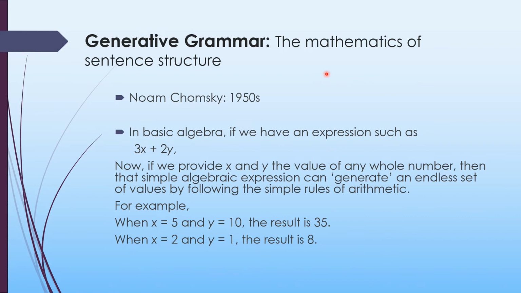And that's why mathematics has come. It was brought by Noam Chomsky in the 1950s. Noam Chomsky compared it with basic algebra. For example, let's take this equation, 3x plus 2y.